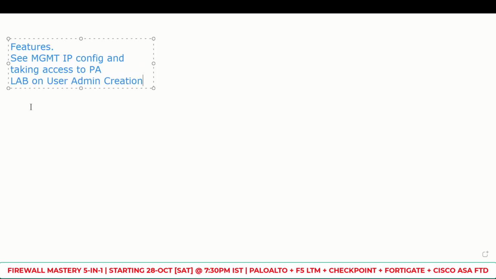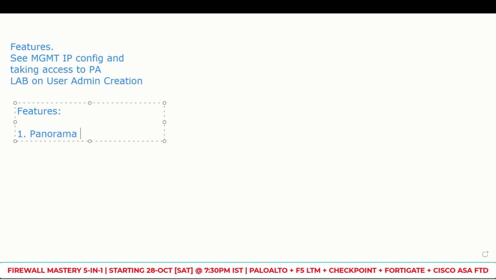All right, let's get started. So I'll just list down the features that I could think of when it comes to Palo Alto. First thing, it's the ability to manage multiple firewalls on a single device. That is Panorama. Second thing would be Application ID and WildFire.